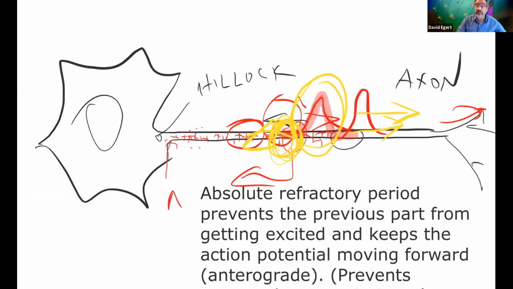So this is resting and just waiting for the next thing to happen. So the absolute refractory period means we can't instantly excite the thing that just had the action potential. And by the time the action potential has traveled further down, this is now ready to go again, but the excitation is far away and is not going to cause mischief, sending messages backwards.